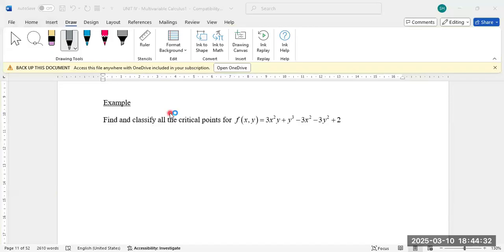Not just 6, but 6x. And then what is f subscript y? 3x squared plus 3y squared minus 6y. Good job. Does that sound correct? Yes. What did you get for f subscript xx? 6y minus 6. And f subscript xy? 6x.